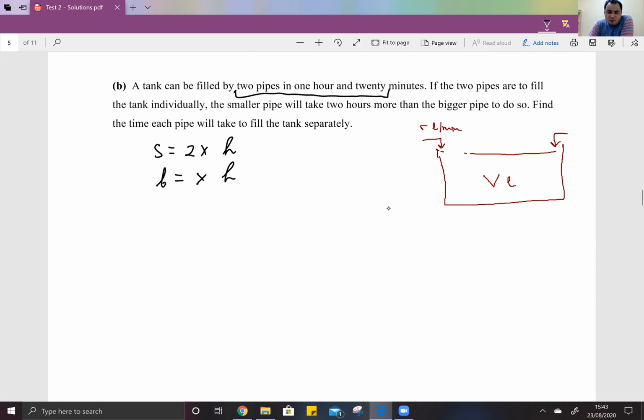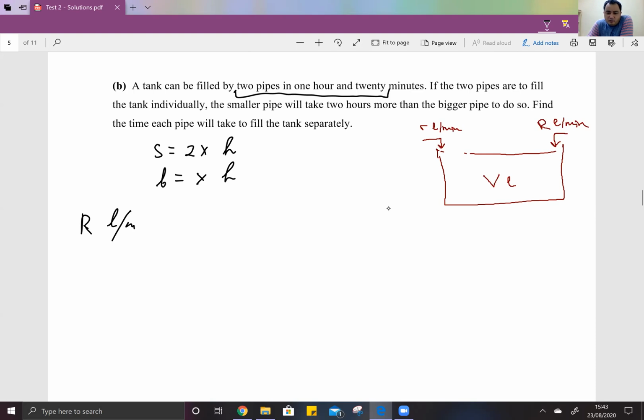It means that if you just open this tap, in 1 minute it pours r liters of water into this container. And how about this big one? Let's say it is capital R liters per minute. It means that in 1 minute, this tap pours R liters of water into this container.